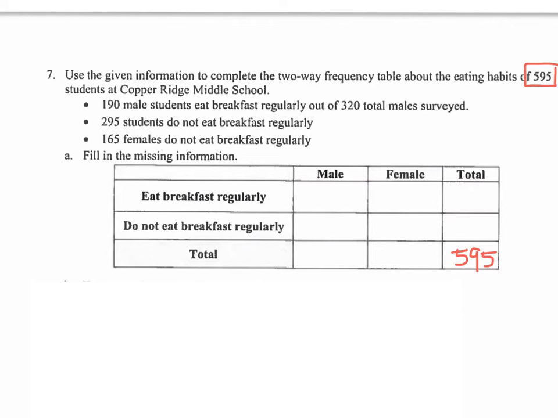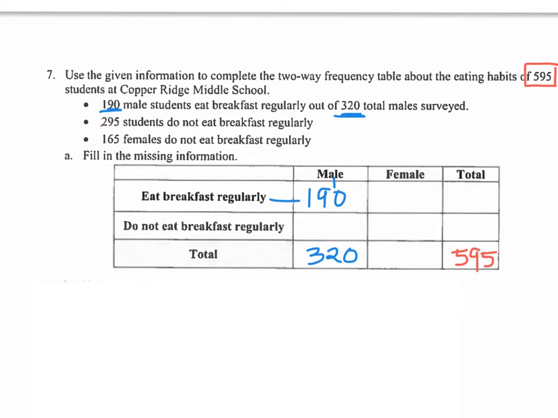They told us that 190 male students eat breakfast regularly out of 320 total males surveyed. So the total for male is 320, and the number of males that eat breakfast regularly is 190.